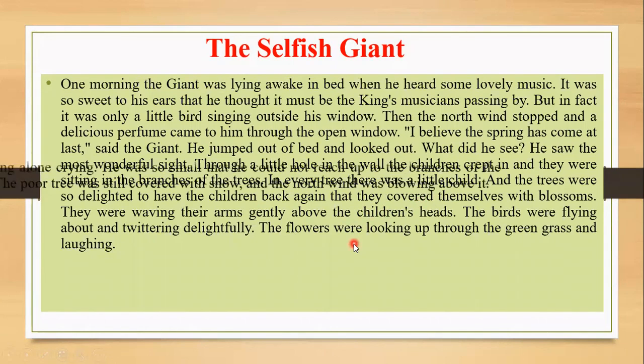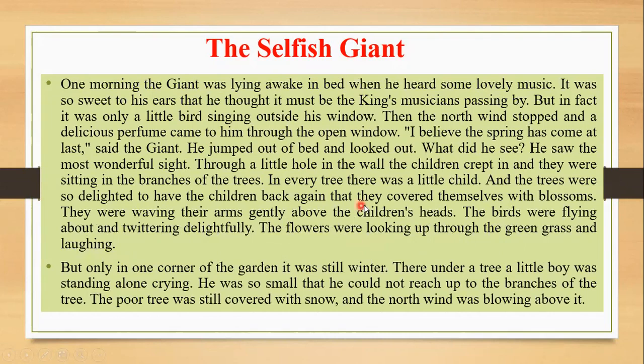That's why he intended to open the garden as a playground for the boys, the girls, the children. So finally, he understood that he had made lots of mistakes. That's why spring didn't come in his garden.